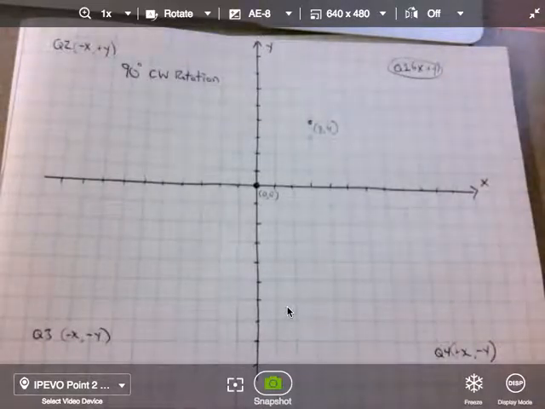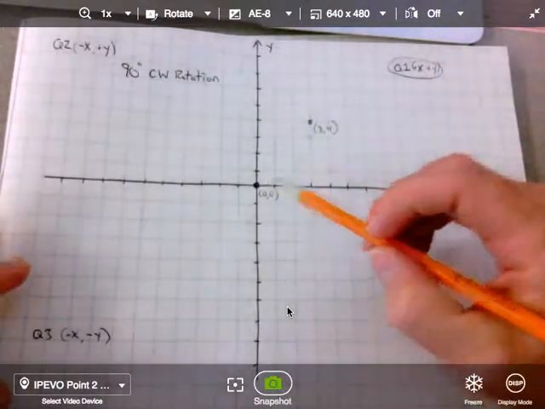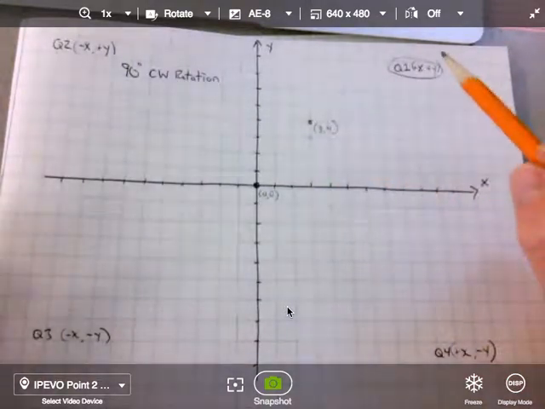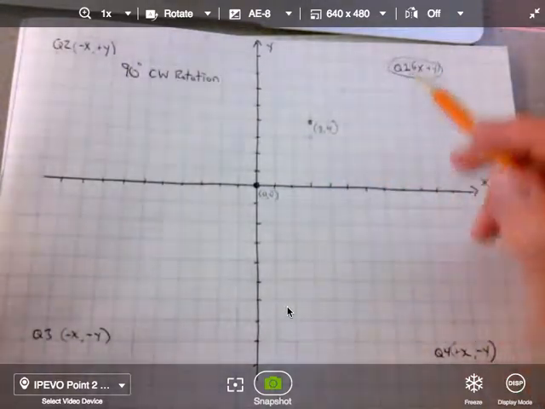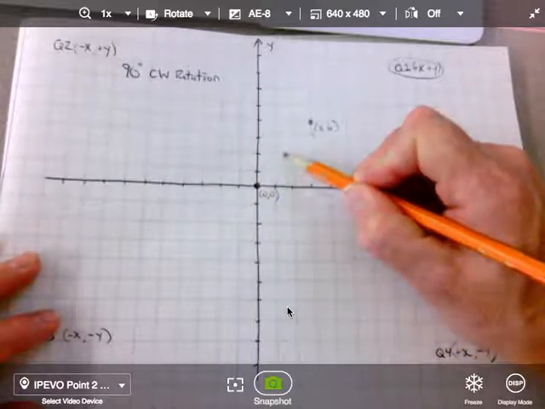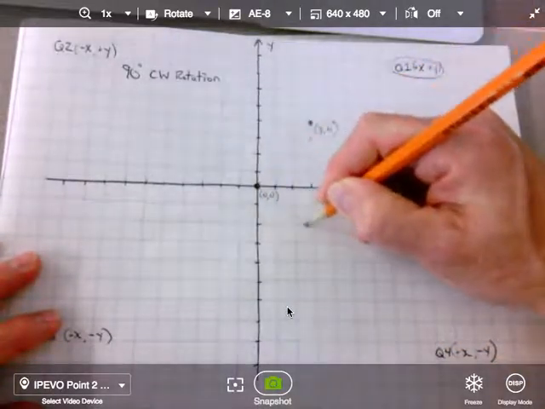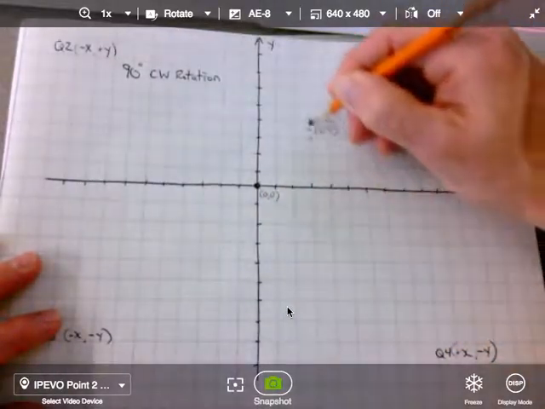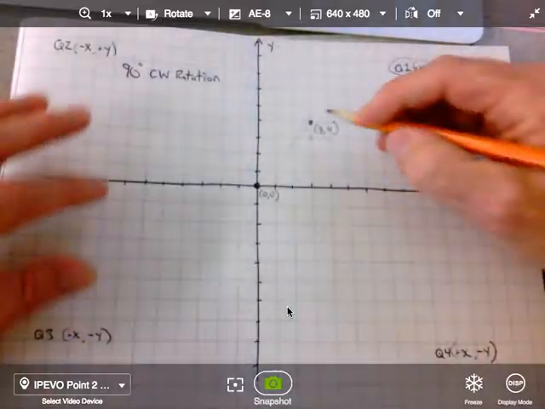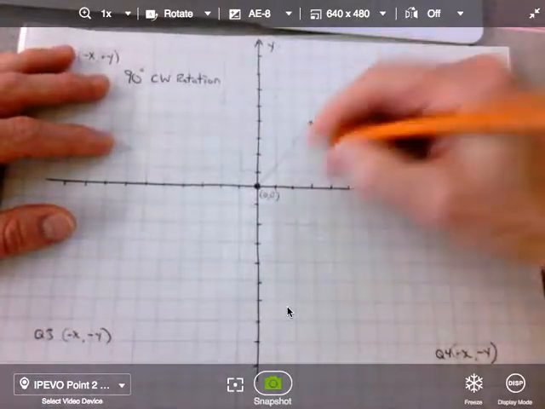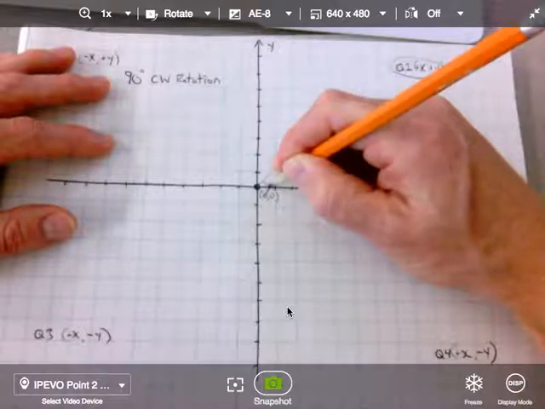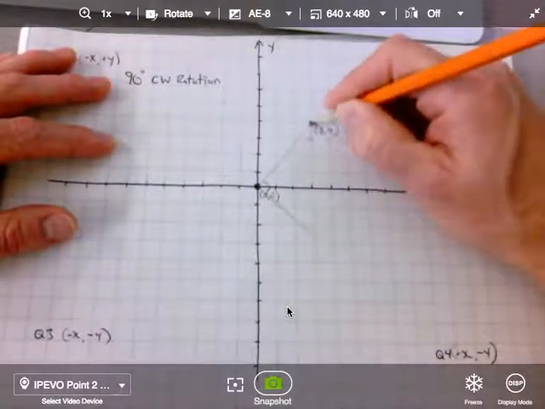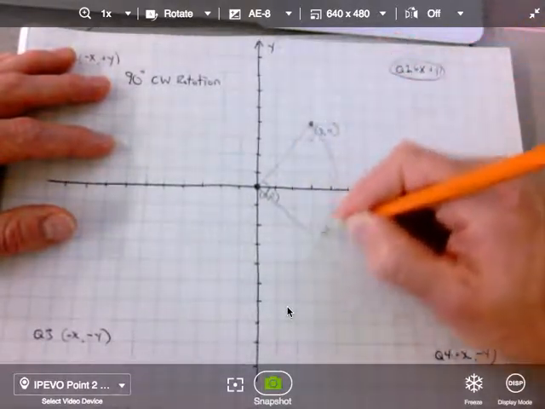Now, for the visual learners, this is pretty straightforward. There's a couple ways of doing this. You could have a protractor and simply make a 90-degree rotation. I'll do it a bit darker. If I was to make a 90-degree rotation the old school way, I would do my rotation like this.